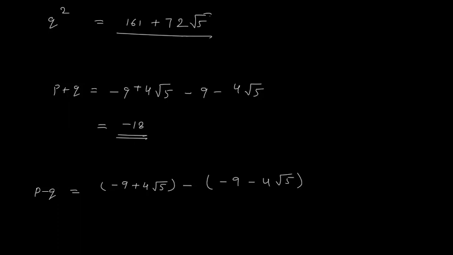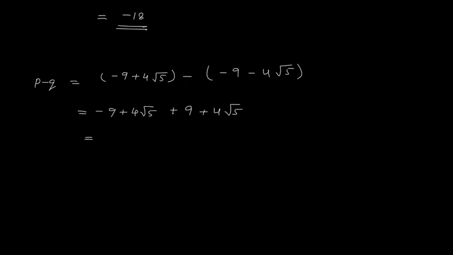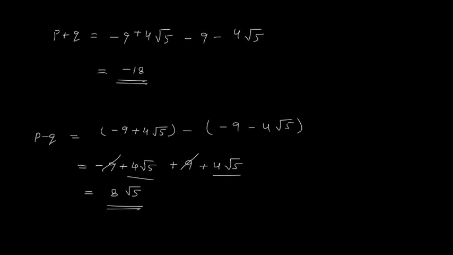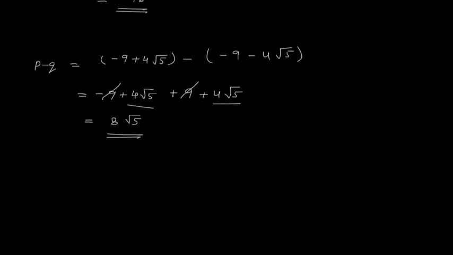So this gives me minus 9 plus 4 root 5 minus minus, it is plus 9 plus 4 root 5. So this is equal to, now minus 9 plus 9 will cancel, 4 root 5 plus 4 root 5, it is 8 root 5. So this is the value of P minus Q. Value of P plus Q is minus 18. Value of P minus Q is 8 root 5.